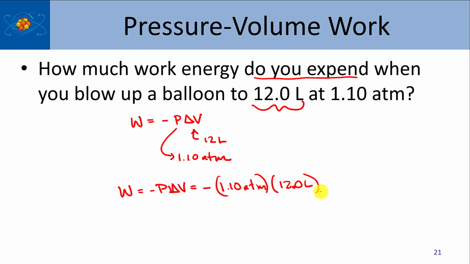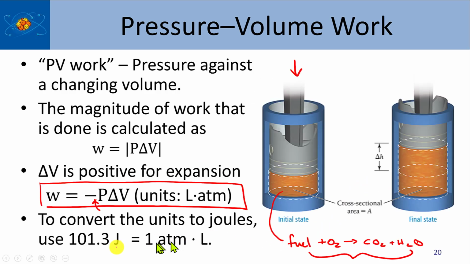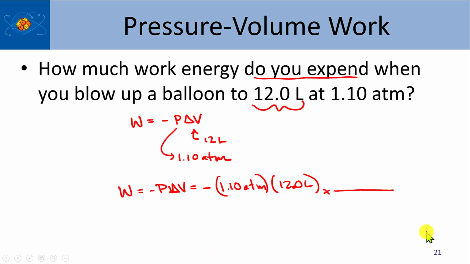Now, this isn't joules, and we typically want to do this calculation in joules, and what you'll use is the conversion factor that I showed you, that 101.3 joules is equal to 1 atmosphere times a liter.